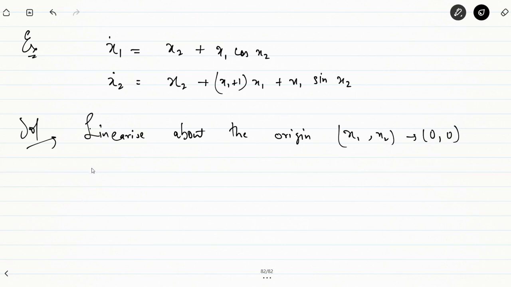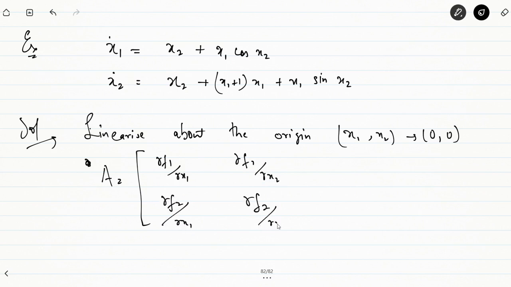So we have A equal to delta f1 divided by delta x1, delta f1 divided by delta x2, delta f2 divided by delta x1, delta f2 divided by delta x2.